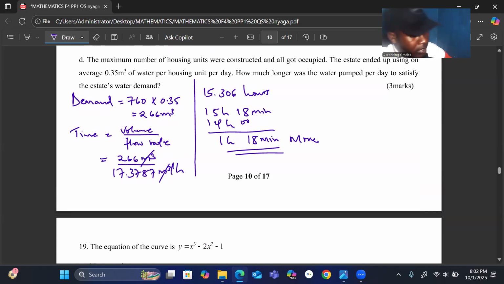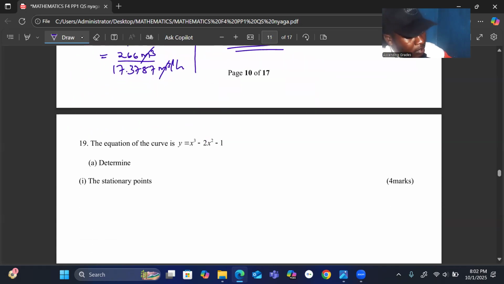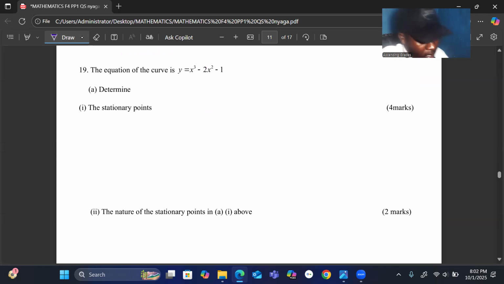They are saying the equation of a curve is y equals x cubed minus 2x squared minus 1. Determine the stationary points.